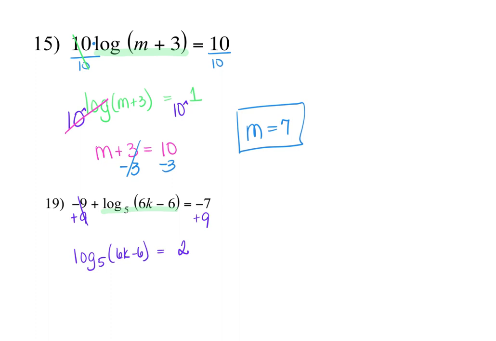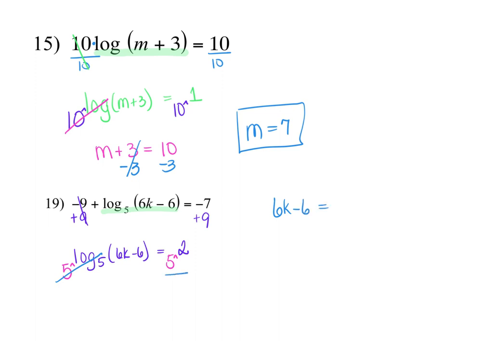What is my base here? 5. So my exponential base is going to be 5. So 5 to that power and 5 to this power. All right? On the left, exponential base 5 and log base 5 cancel. And I just have 6k minus 6.